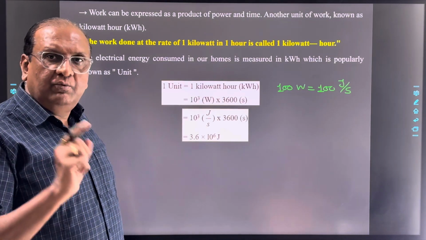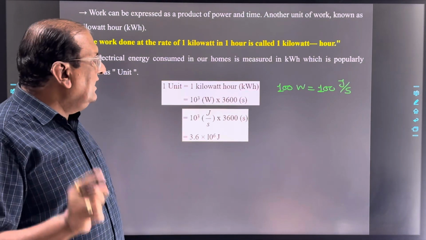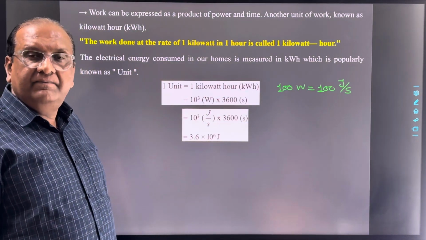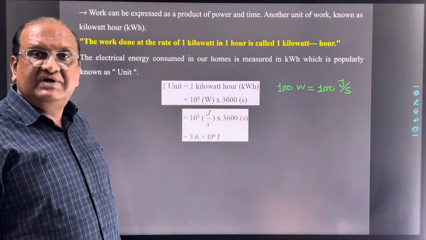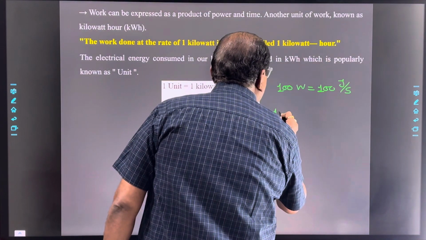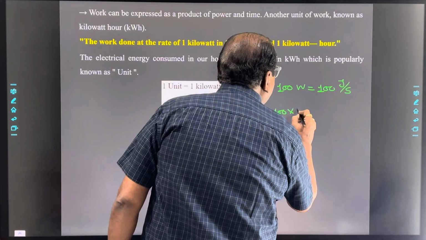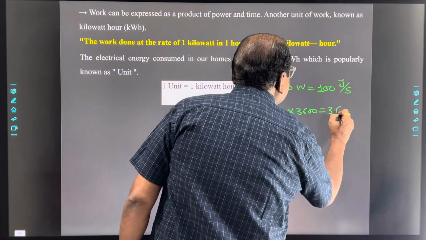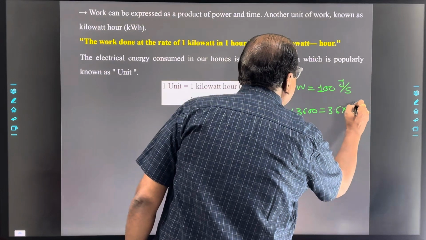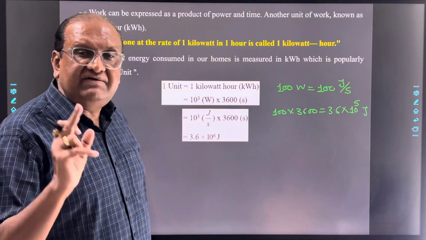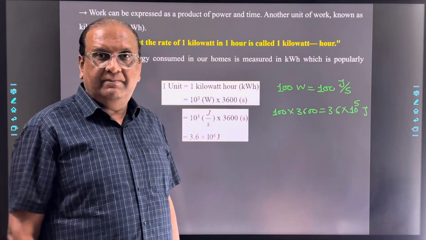So if in 1 second it consumes 100 joule of energy, then in 1 hour how much energy will be consumed? We can write 100 into 3600, that is 3.6 into 10 raised to 5 joule. This much energy will be consumed in 1 hour.